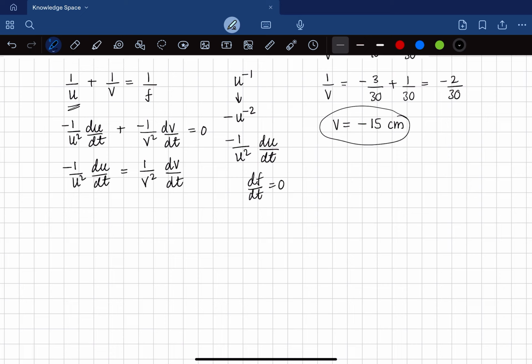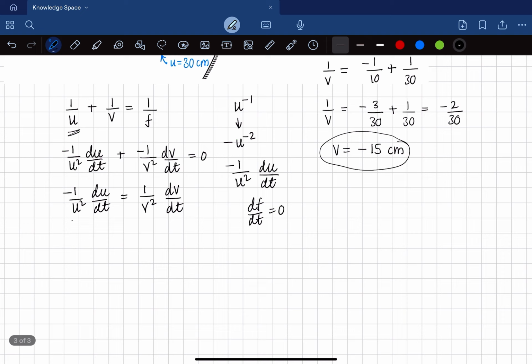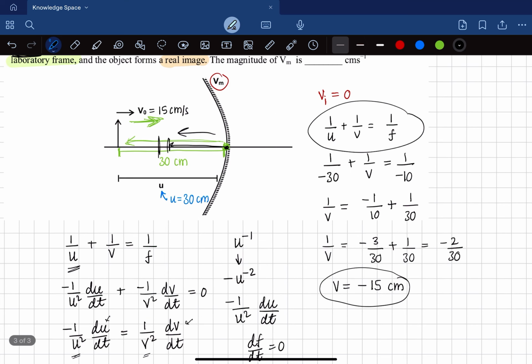One thing I need you to remember here, and it's very, very important when it comes to these sorts of questions, is that this du over dt and dv over dt are all with respect to the pole of the mirror. All of this is with respect to the mirror, not with respect to the laboratory frame.